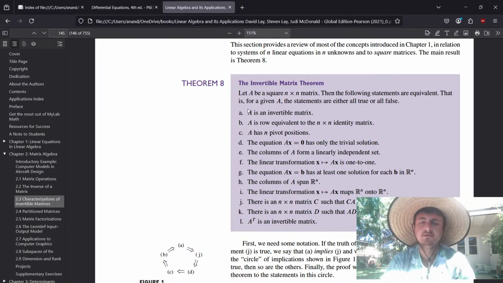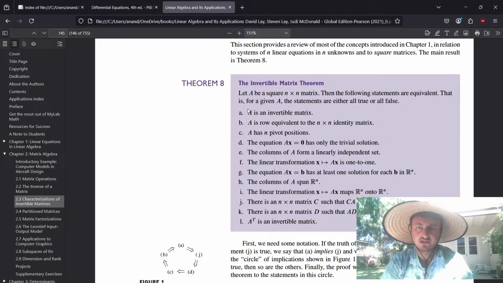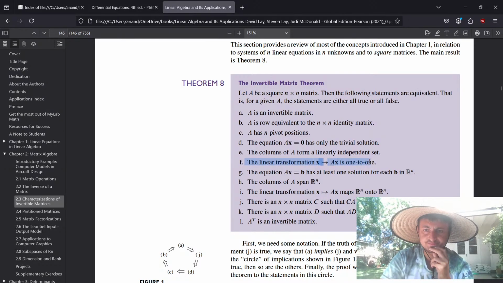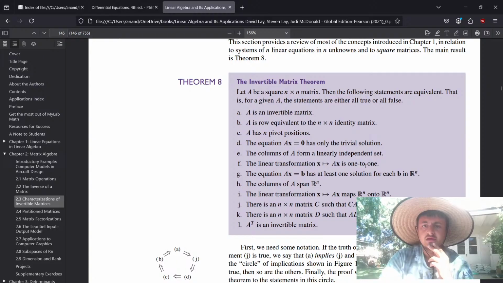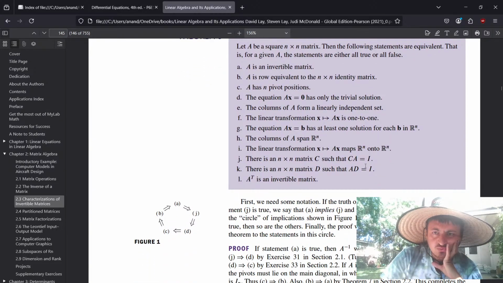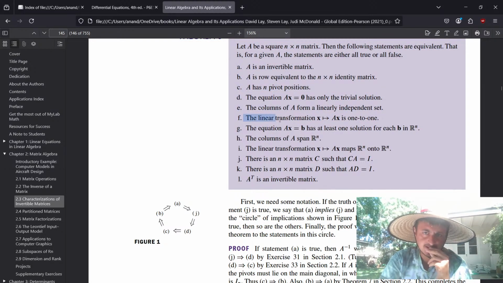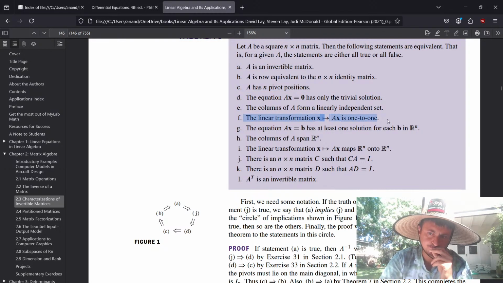So the columns are linearly independent. Now F is interesting to me, because the linear transformation is 1-to-1.